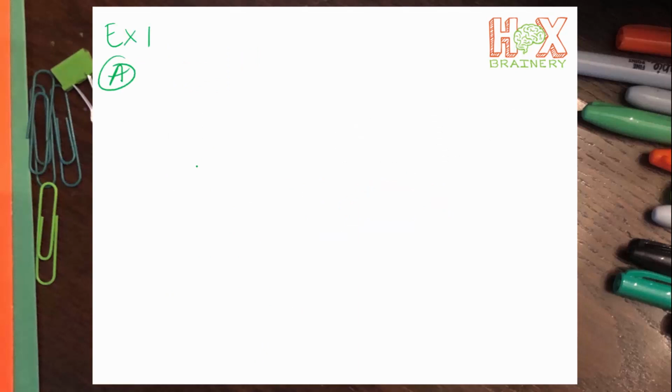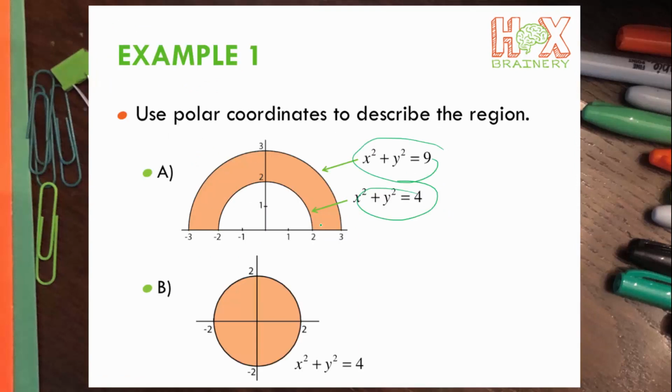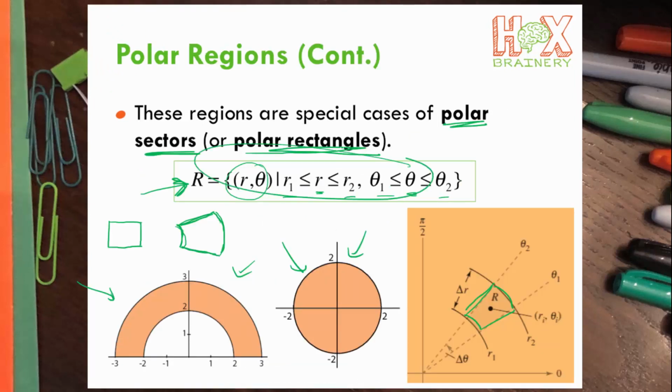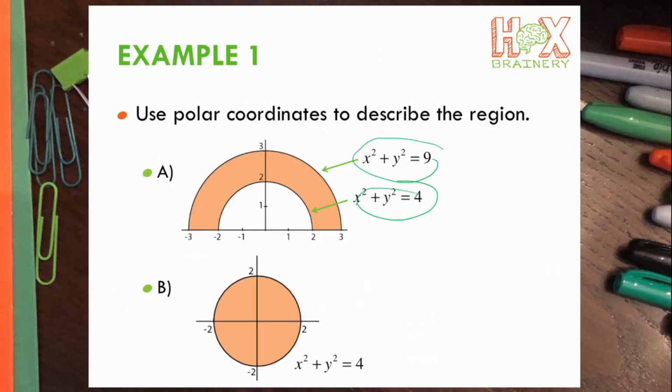All right, there's example 1, part A. Basically, I just need to figure out what r is between and what theta is between. So r is between 2 and 3, because you have radius 2 and then you have radius 3. This is like 2 squared, this is like 3 squared.